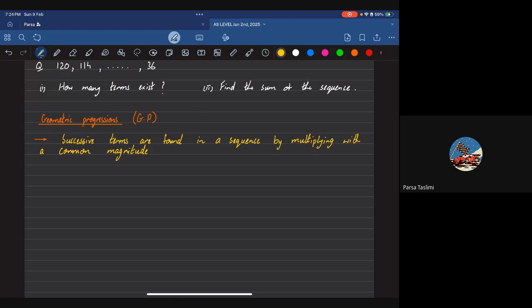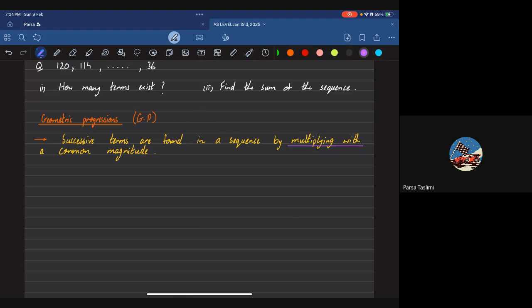So whatever number there is, it's supposed to be common throughout, and you're supposed to be multiplying that in order to find the successive term. This common magnitude, before, was known as the common difference.